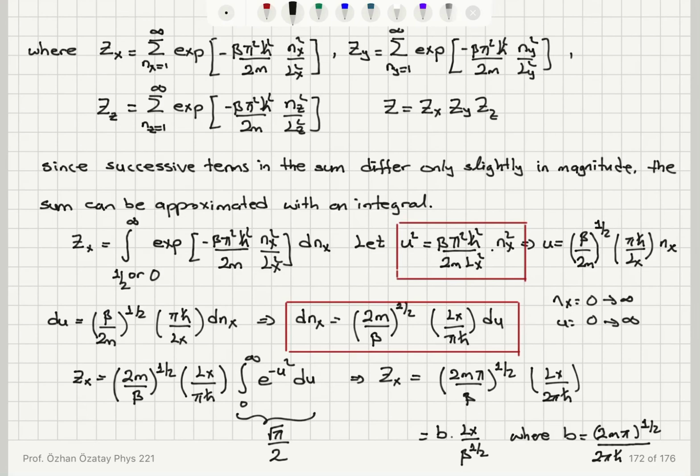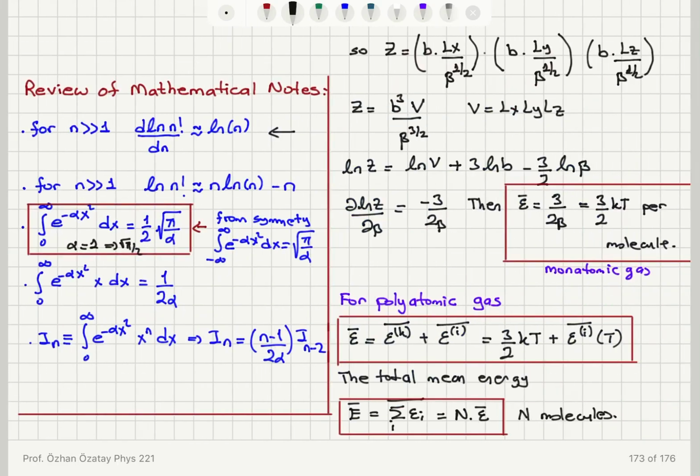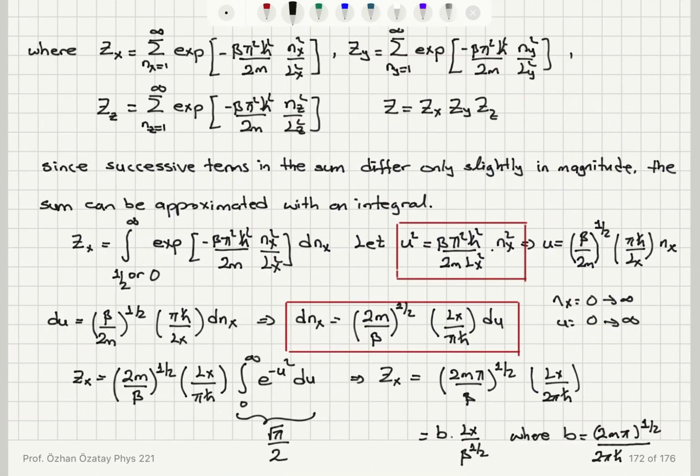And finally, using also this transformation between nx and u, I was able to evaluate this integral to find that the total partition function was given by b cubed over beta to the power 3/2, where b was what I defined as a constant, (2mπ)^(1/2) divided by 2π ħ.